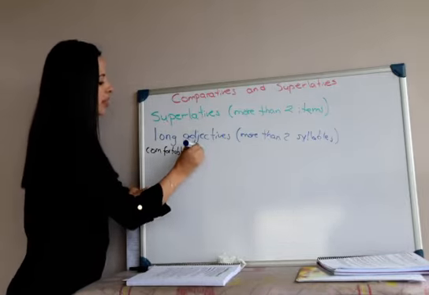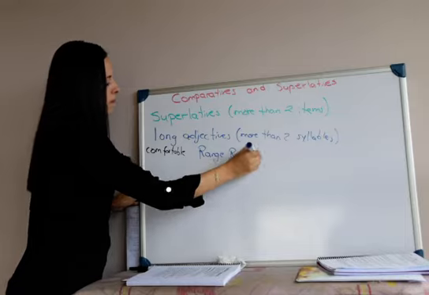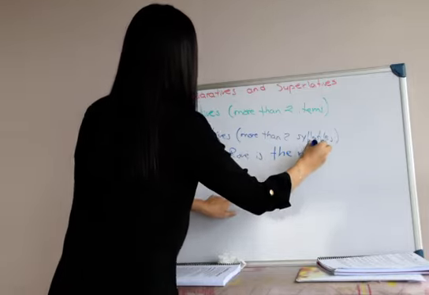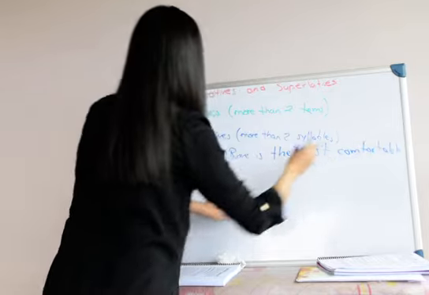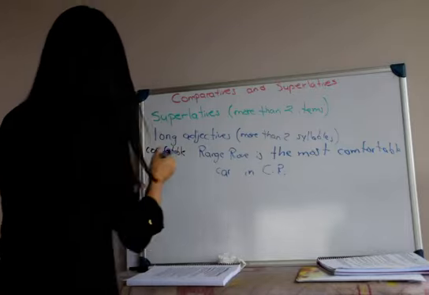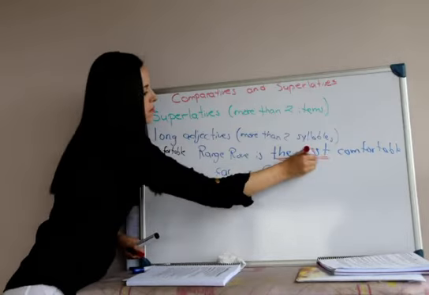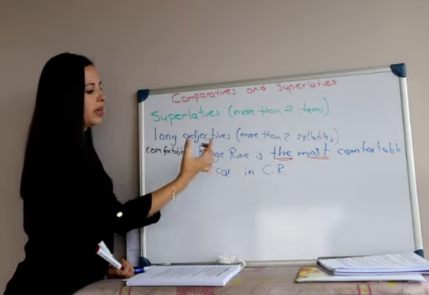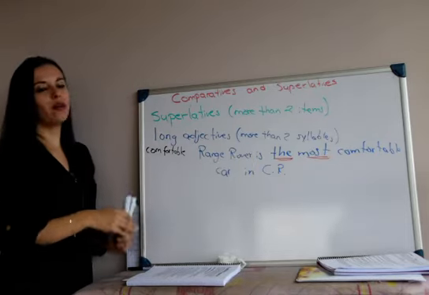So we can say that a Range Rover is... I'm using here a long adjective, more than two syllables, because I'm comparing the Range Rover with any other cars.